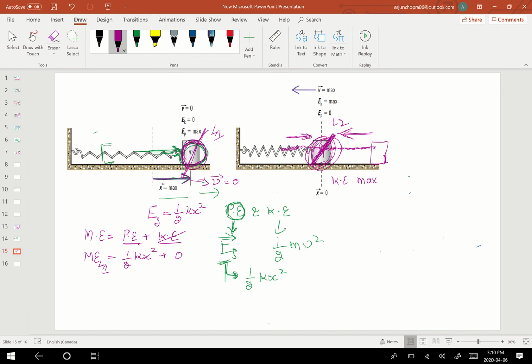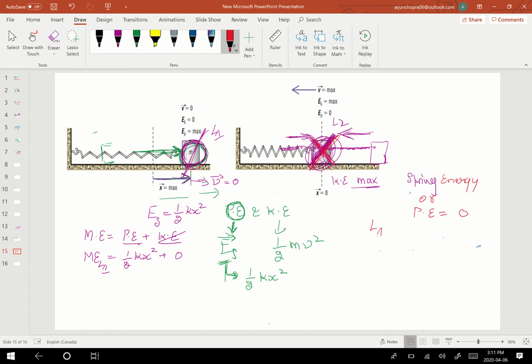The kinetic energy at location 2 will be maximum, whereas spring energy at the equilibrium position, even under rest condition, there is no spring energy. So if there is no spring energy, what can I say? Spring energy or potential energy will be equal to 0.